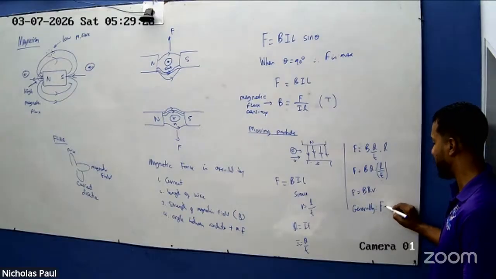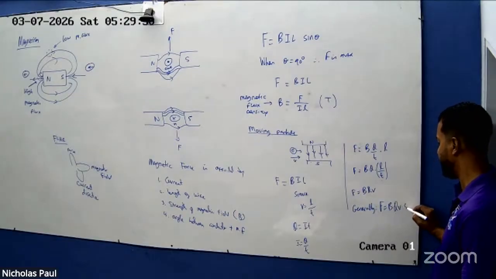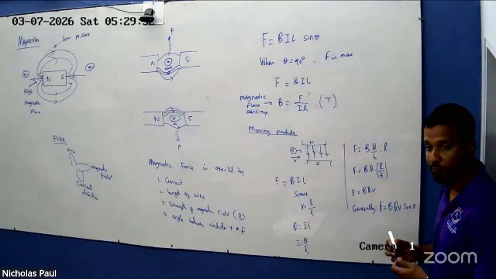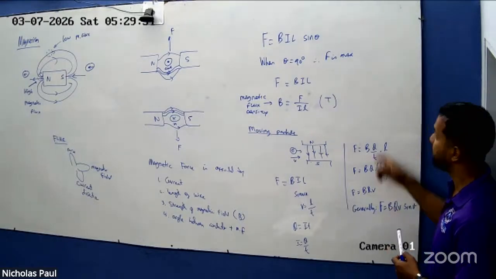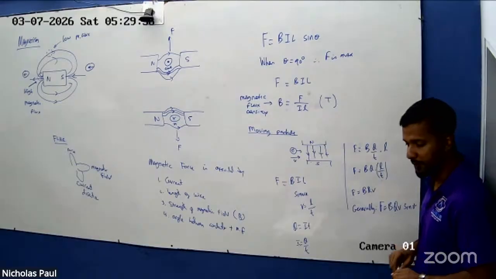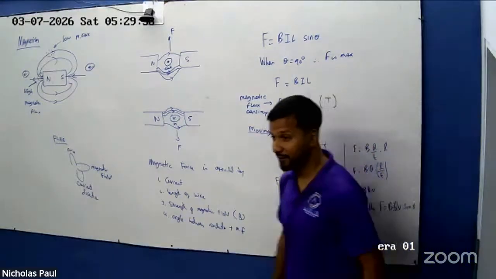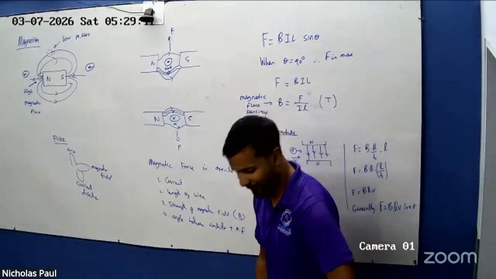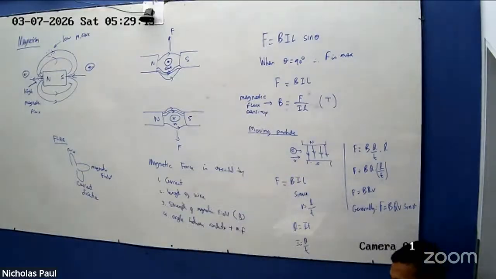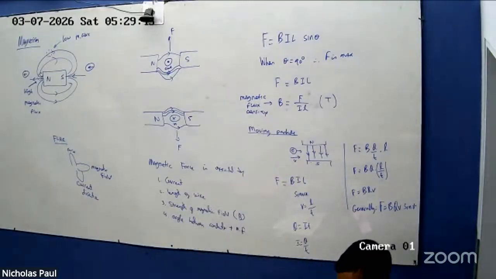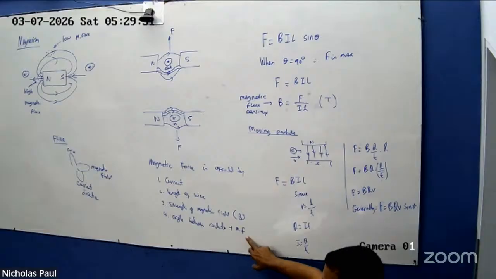Generally, the formula is F is equal to BQv sine theta, where theta is the angle between the conductor and the magnetic field.